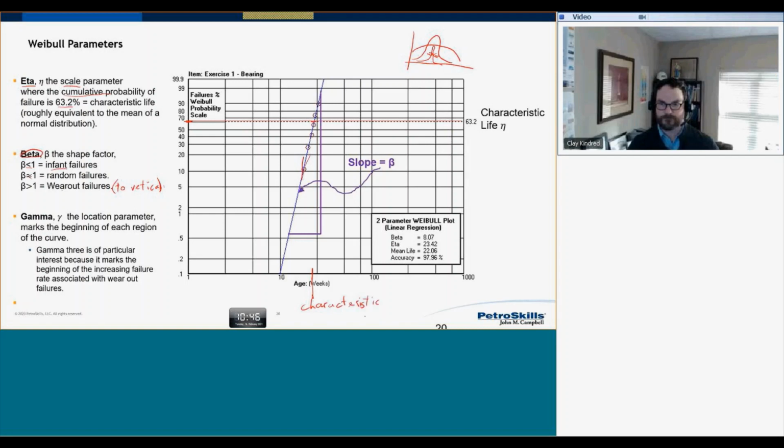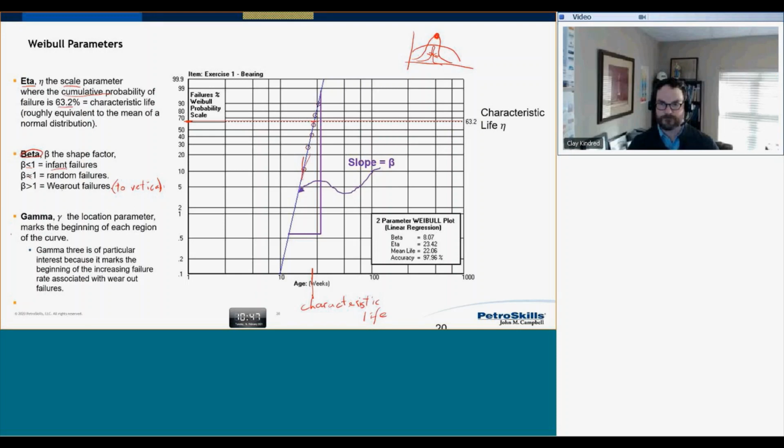Help if I could spell. That's my characteristic life. And we're going to use this in the calculation. A lot of the time, this is going to be close for a normal distribution. This is going to be close to MTBF, which is round about here.